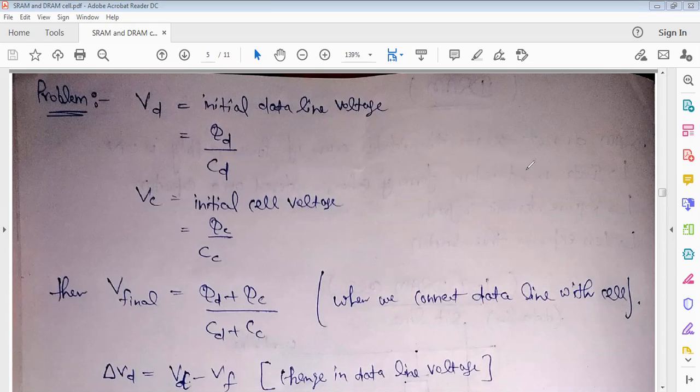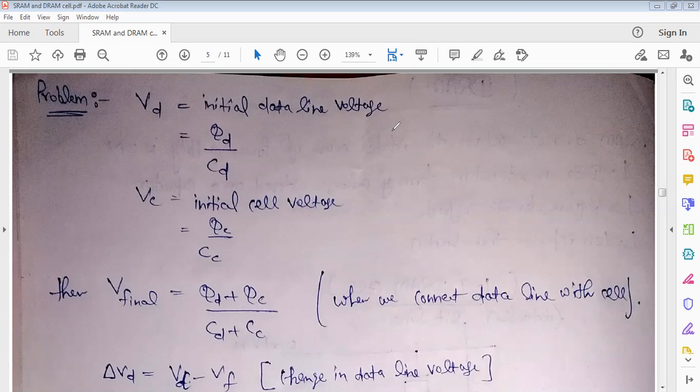This is the capacitor C, this is the word line, and this is the bit line. The bit line is also called the data line, so it can also be called DL.